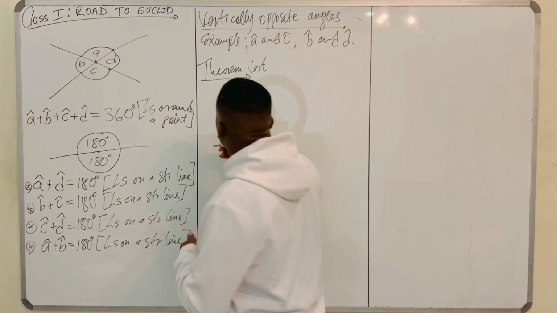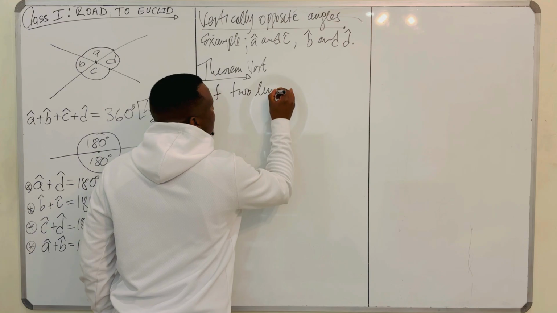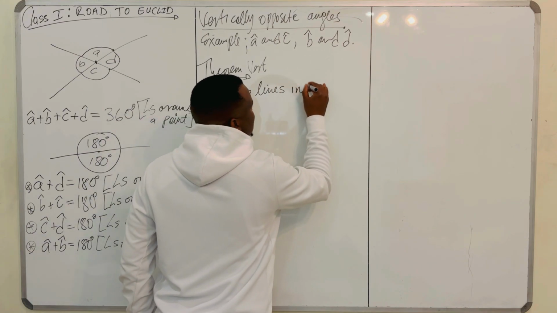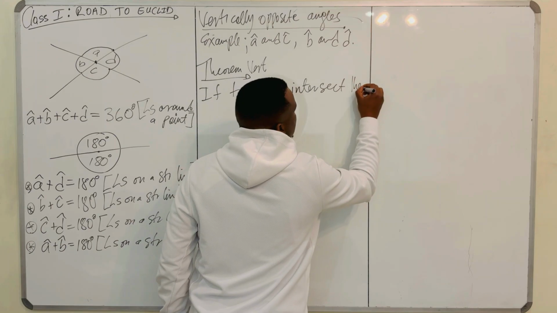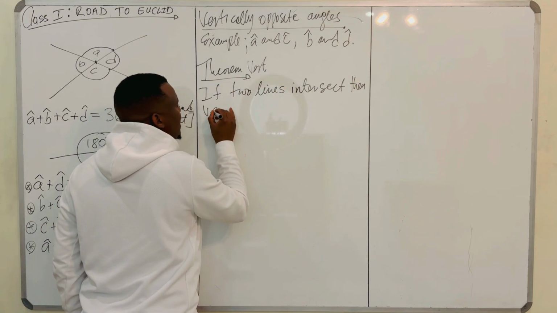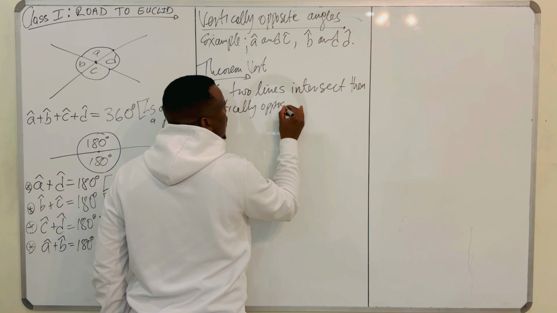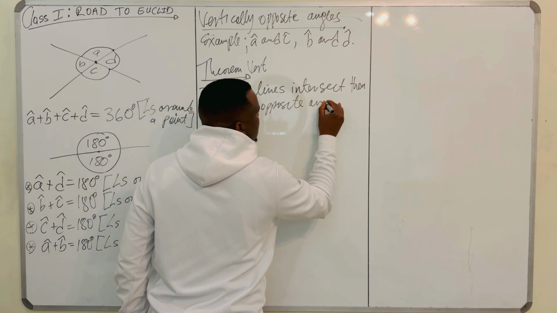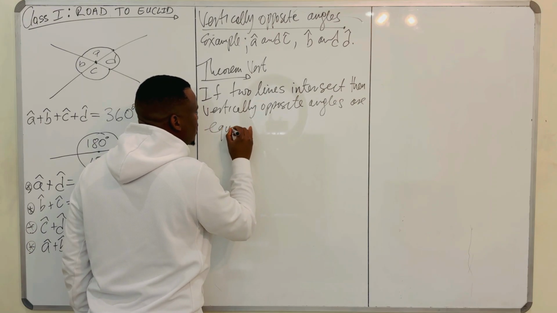So, if two lines intersect, then vertically opposite angles are equal. Are you guys following?